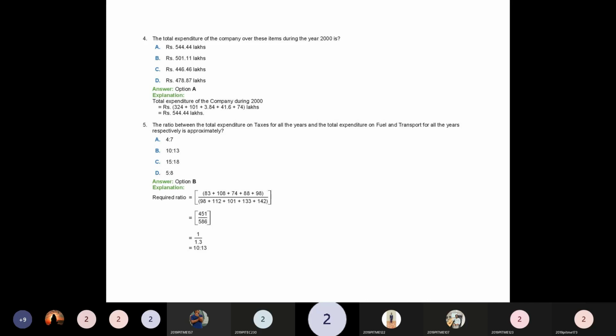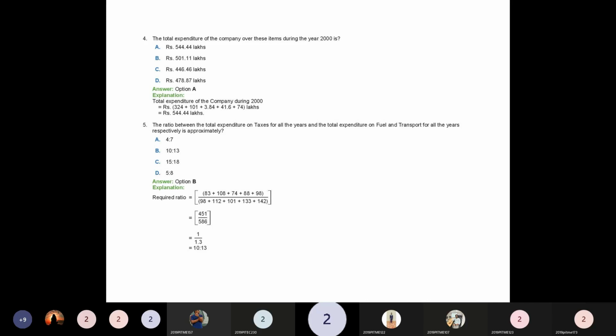Now take from 1998 to 2002 the tax paid by the company: 83, 108, 74 lakhs, 88 lakhs, and 98 lakhs in 2002. Likewise, fuel and transport from 1998 to 2002: 98, 112, 101 lakhs, 133 lakhs, and 142 lakhs.